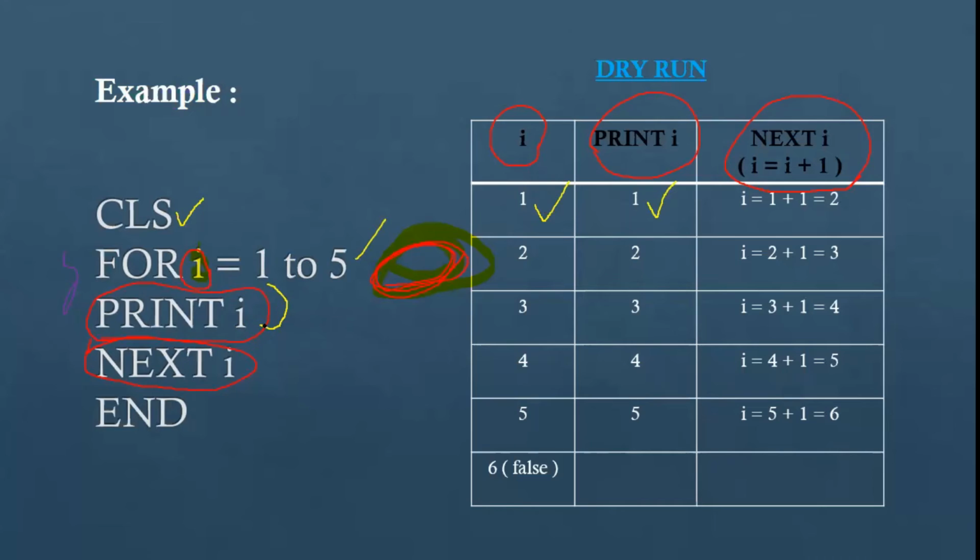After that, our interpreter will reach the next line, that is next I. The fourth line is next I. So here, the value of I is going to increment by 1 because the jumping step is not mentioned here, so that's why add 1. Value of I is already 1, 1 plus 1, value of I becomes 2.